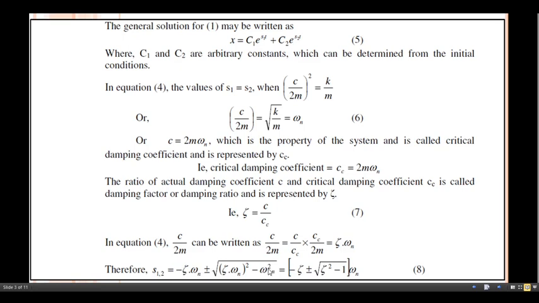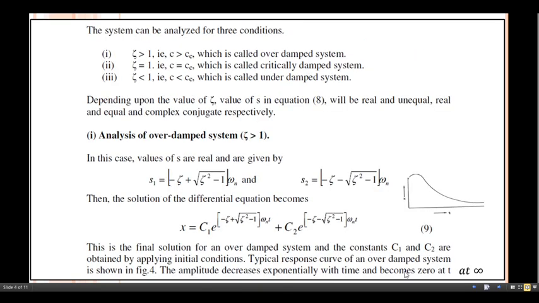If I take omega n common from the square root sign and take it outside, then whatever remains is minus zeta plus or minus square root of zeta square minus 1, into omega n. Give equation number next for this. Now the system can be analyzed for three different conditions.